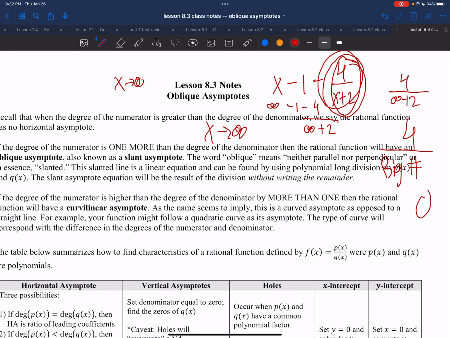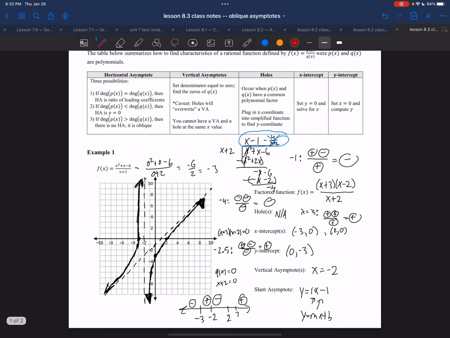So really the majority of that asymptote is determined by x minus 1. That's what's describing the behavior of the graph, because this tiny little piece is pretty much nothing, especially the further out you get. So that's why you're allowed to just throw out the remainder.